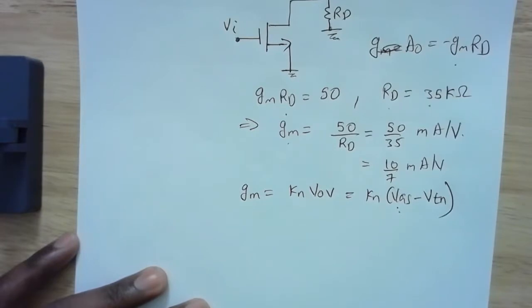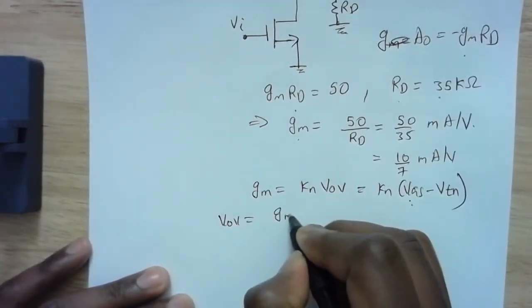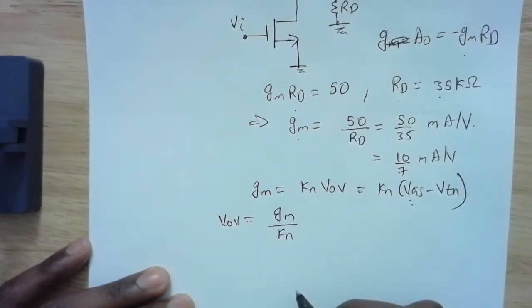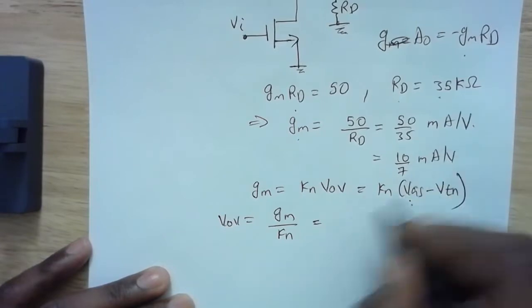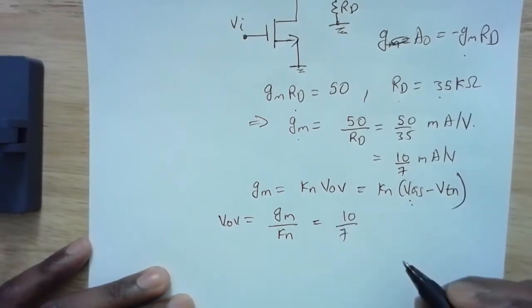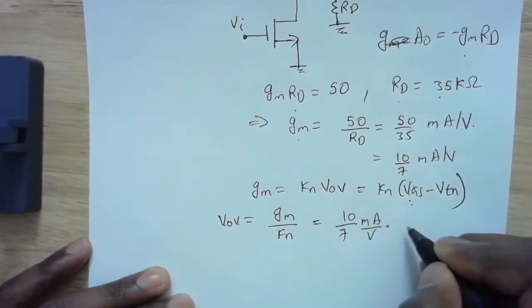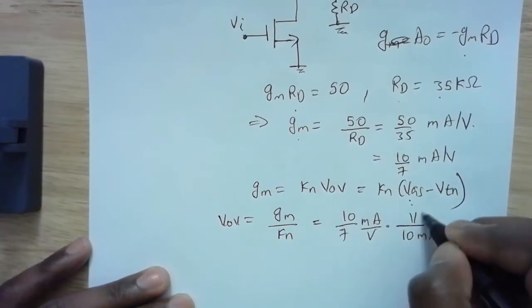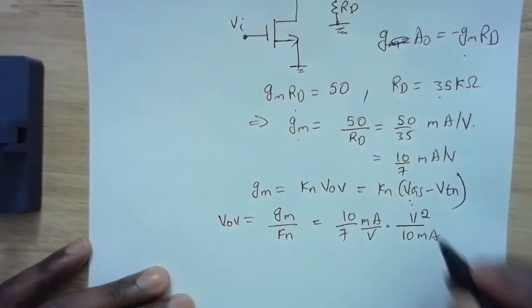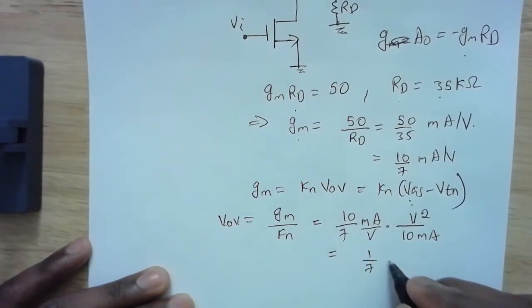That means my overdrive voltage will be equal to gm divided by Kn. My gm is 10 over 7 milliamp per volt, and my Kn is 10 milliamp per volt squared, so this will come out to 1 over 7 volts.